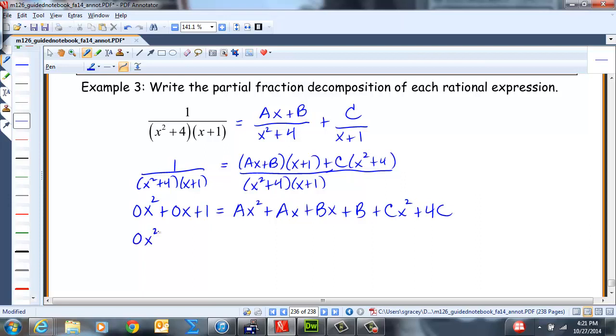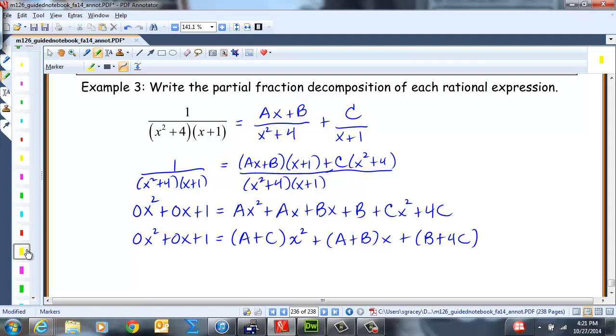So 0x squared plus 0x plus 1 is equal to, our coefficients to the x squared terms are a plus c, our coefficients to the x terms are a plus b, and our constant terms will have b plus 4c.